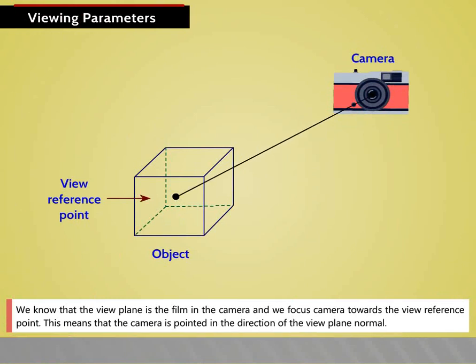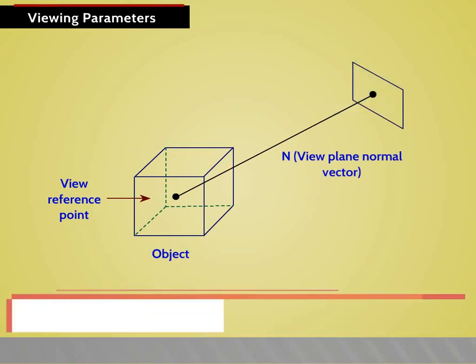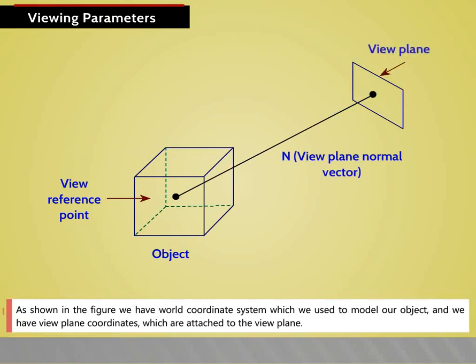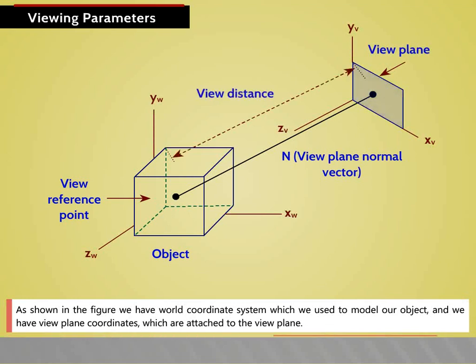This means that the camera is pointed in the direction of the view plane normal. As shown in the figure, we have the world coordinate system which we use to model our object, and we have view plane coordinates which are attached to the view plane.